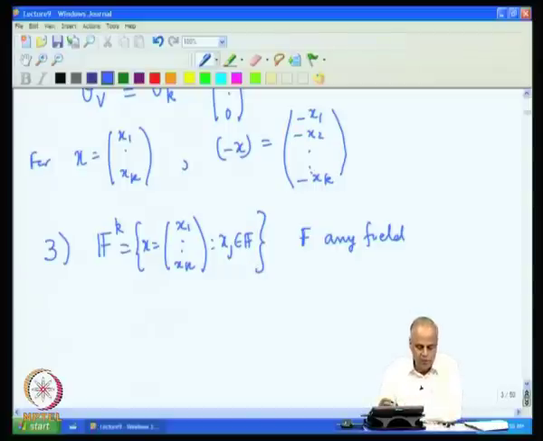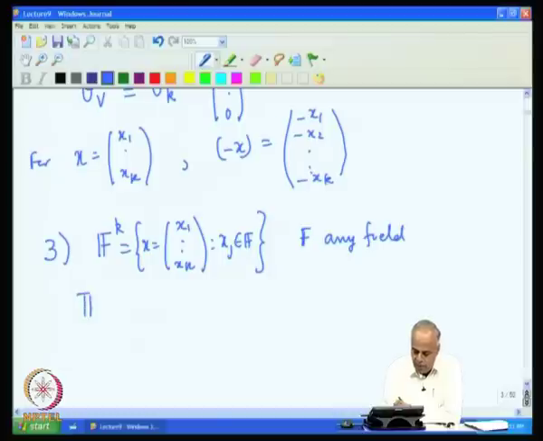When we put f equal to c, we are looking at c k. In general, we can take any field f and look at f k. Then again usual laws of addition. What does that mean? We add two elements in f k by adding the corresponding entries. Usual law of scalar multiplication means we multiply alpha and x by multiplying every entry of x by alpha.